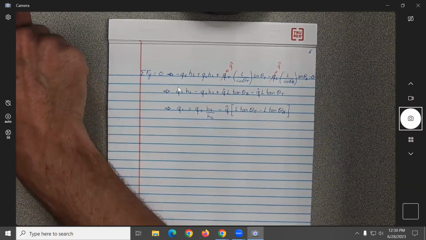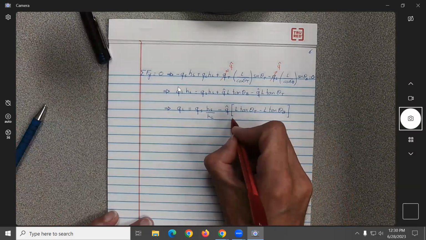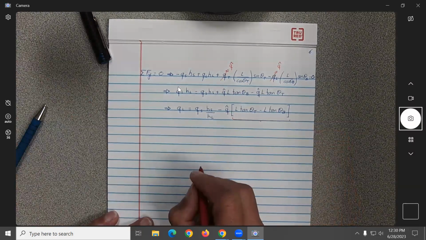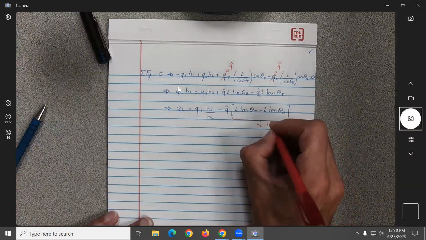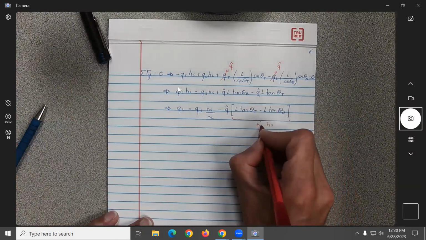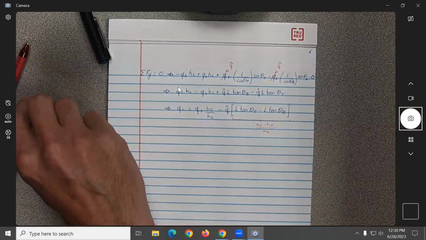Okay, again, don't worry that much about the division. And all this stuff over here is actually equal to H L minus H short divided by H long.